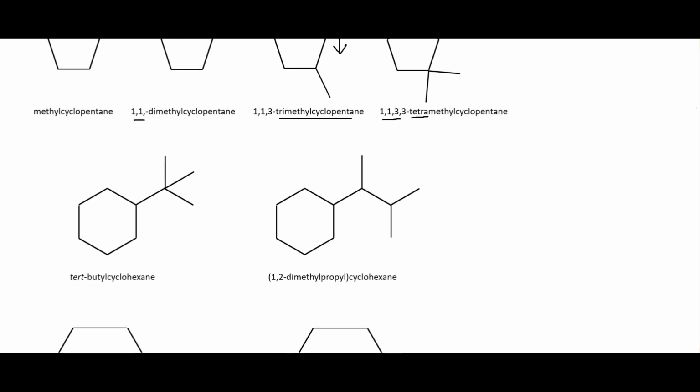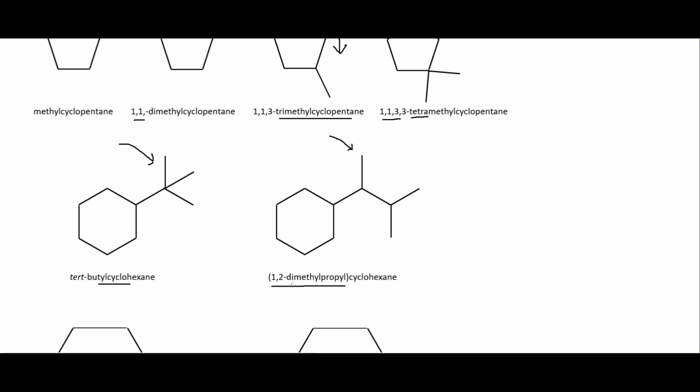Then we can also have, so this is now on cyclohexane, this tert-butyl group here, and we will just call that tert-butyl cyclohexane. When we put a more complicated substituent on here, we have to name that substituent in addition to the cyclohexane. And so we will put that in parentheses here.